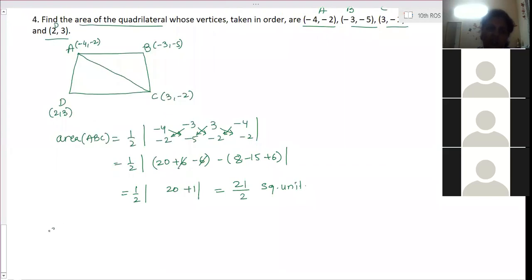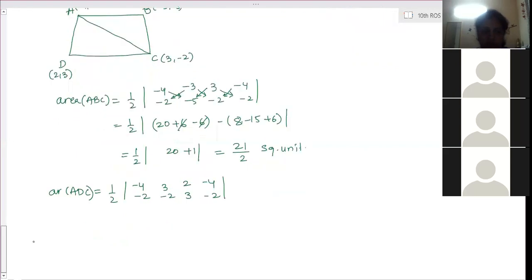Now area of ADC. Half, absolute sign, minus 4, minus 2, 3, minus 2, 2, 3, and again minus 4, minus 2. 1 by 2, minus 4 into minus 8 is plus 8. 3 into 3 plus 9. 2 into minus 2, minus 4.